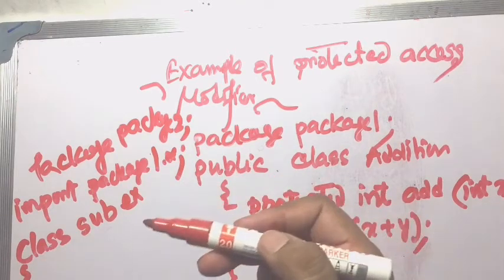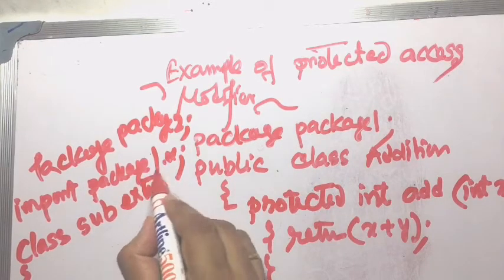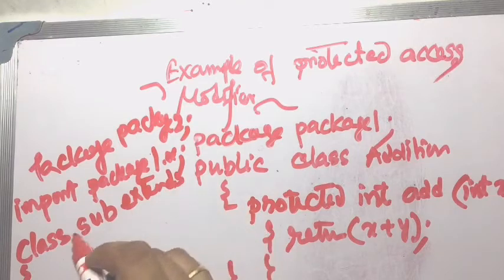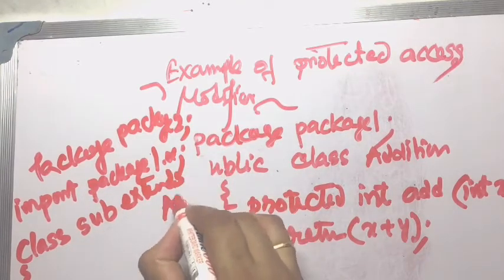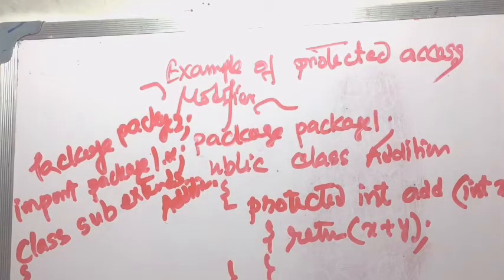One class can be extended to another class. Public class Sub extends, meaning inheritance of the class named Addition. So this is the extend concept. Sub is the extended version of Addition.